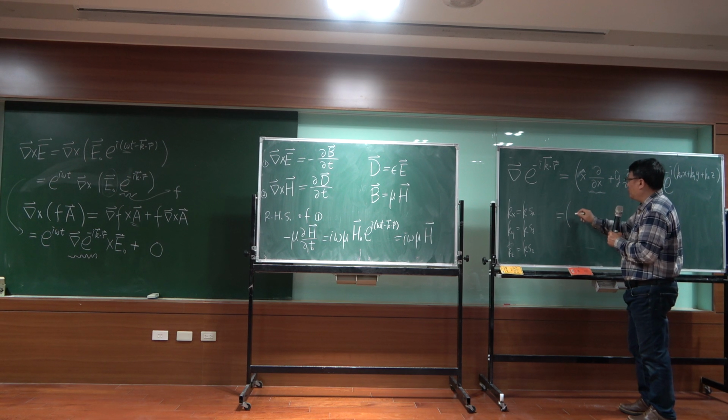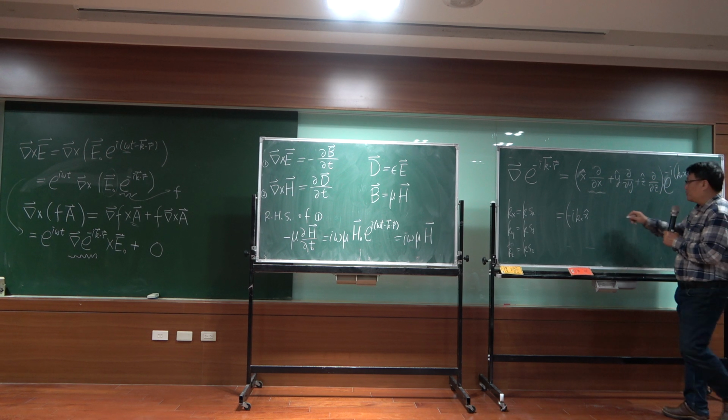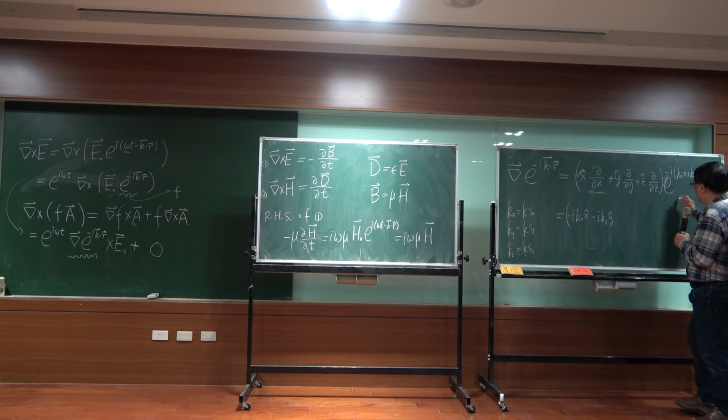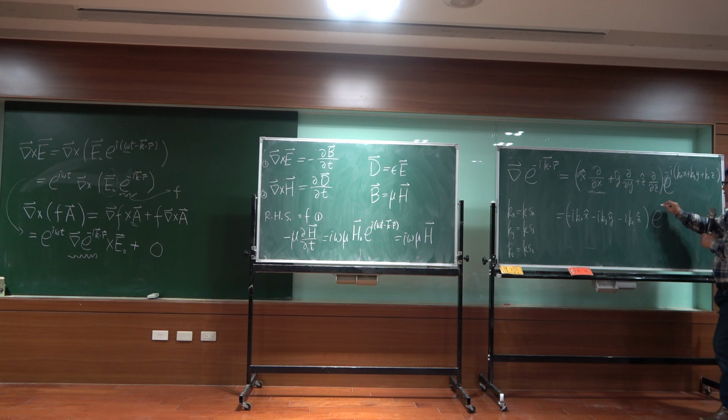This is equal to minus ikx times the x unit vector. And if we do the y partial derivative to this function, we get minus iky y hat, and minus ikz z hat times the original exponential vector.